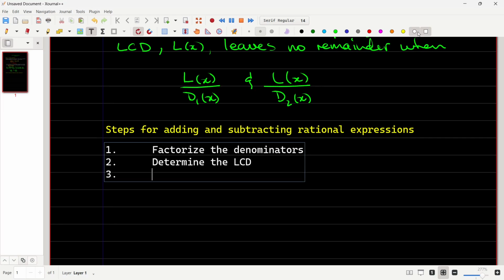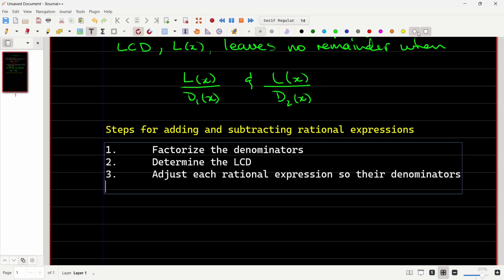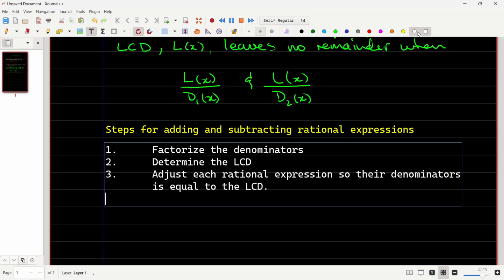Then the next thing you do is adjust each rational expression so their denominators are equal to the lowest common denominator.